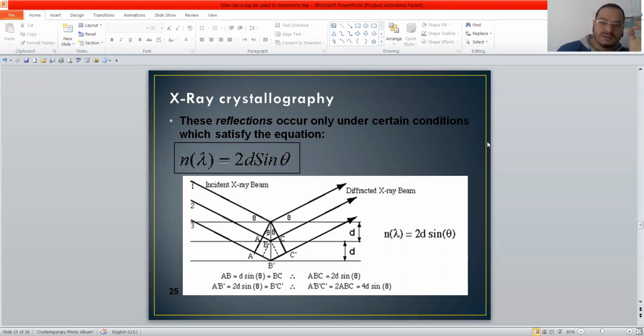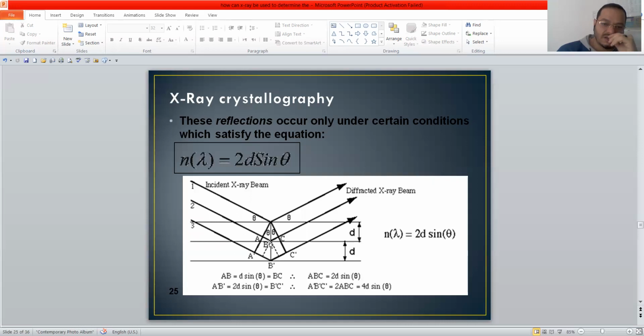What is this condition? All of these reflected X-rays will satisfy this form, n lambda equal to 2d sine theta, because here I have theta.